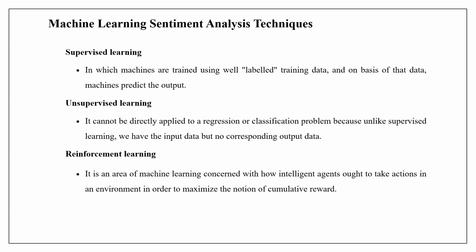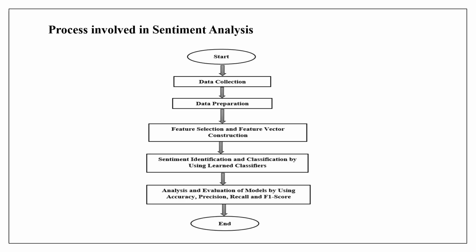Unsupervised learning cannot be directly applied to a regression or a classification problem because, unlike supervised learning, we have the input data but no corresponding output. Reinforcement learning is an area of machine learning concerned with how intelligent agents learn to take action in an environment in order to maximize the notion of cumulative rewards.